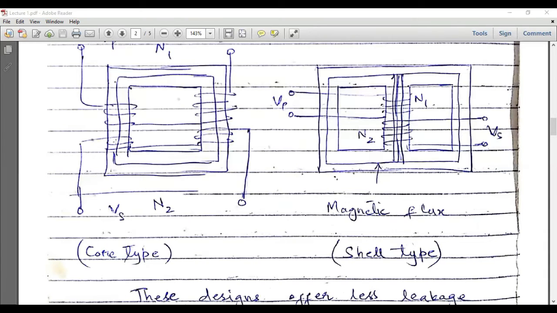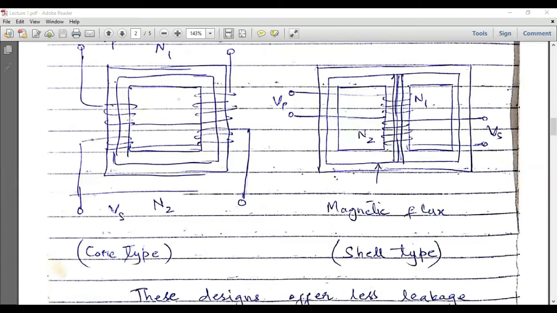Similarly, part of the secondary winding is done on this left leg and part of the secondary winding is done on this right leg. So in that case, the flux which is produced in the primary will be directly linked with the secondary without flowing through any region of the core. Similarly, across this right leg, maximum flux produced in the primary will be linked with the secondary. So in this case, the leakage flux will be further minimum.